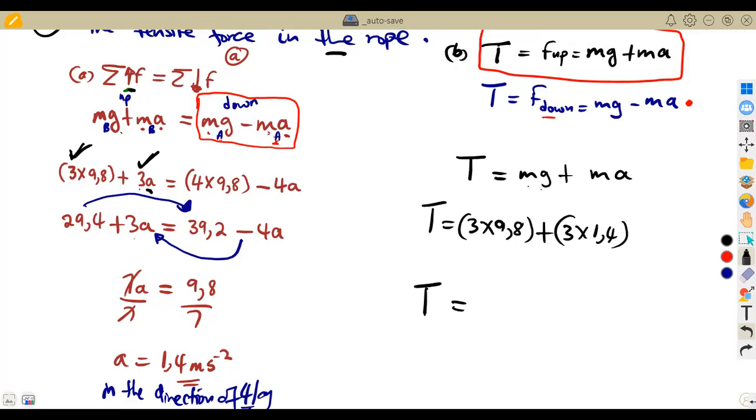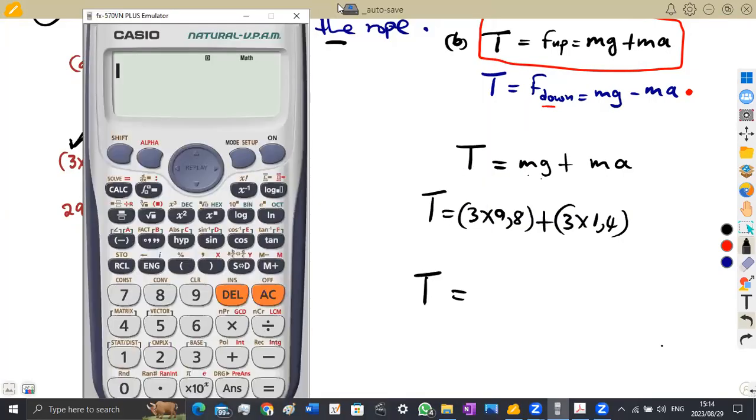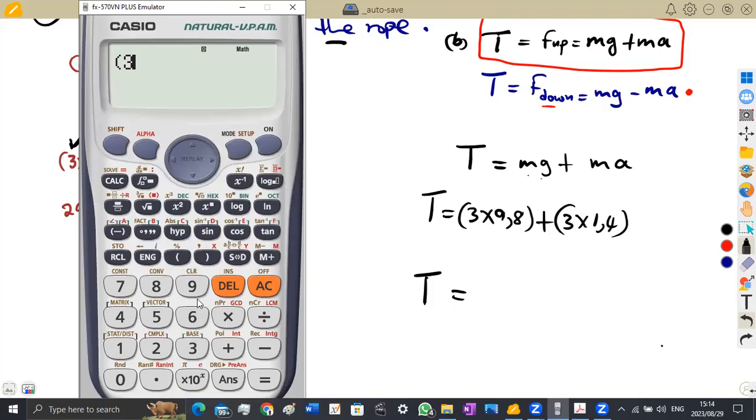We can simplify this at once on our calculator, or you can do it stage by stage. So it's 3 times 9.8 plus 3 times 1.4. That is going to be 33.6.